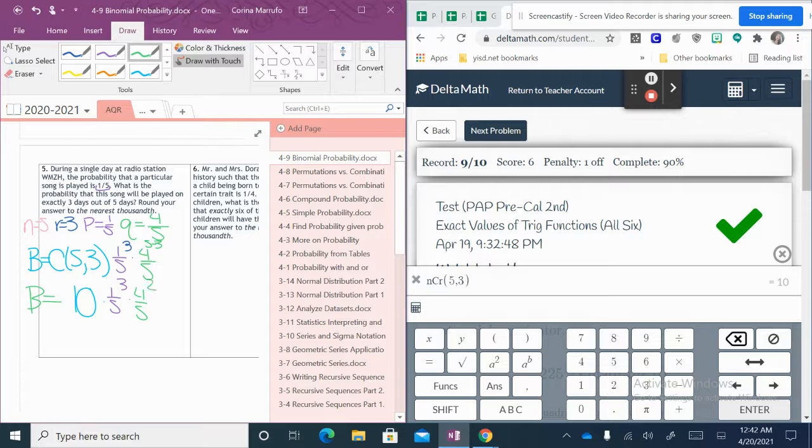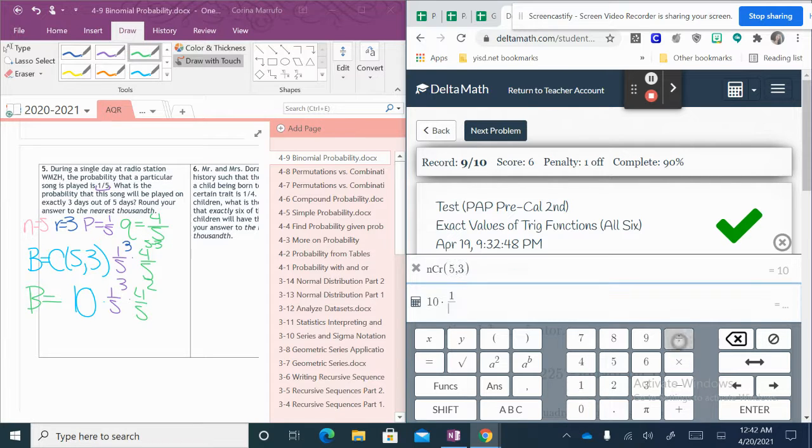Because 5 minus 3 is 2. So I'm going to go ahead and put all that in my calculator. So 10 times 1/5 to the power of 3. And then times, and the other one's 4/5 to the power of 2.